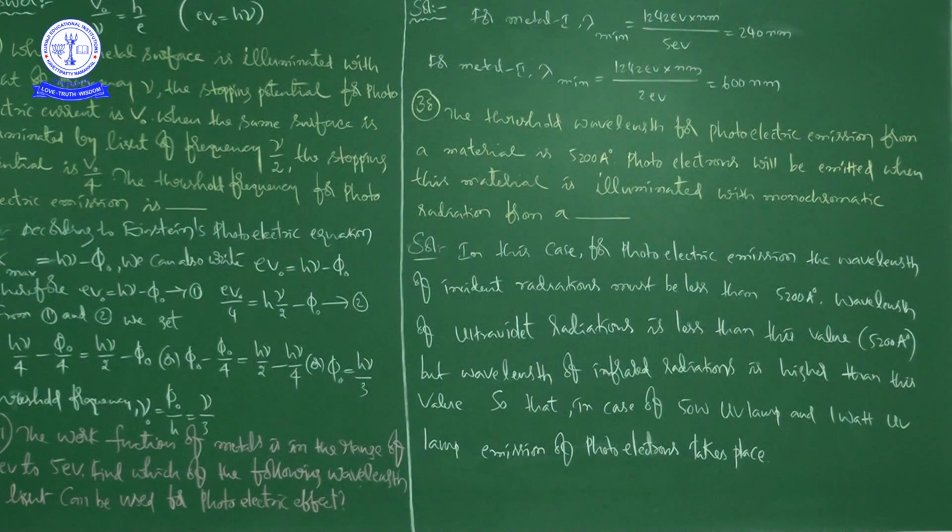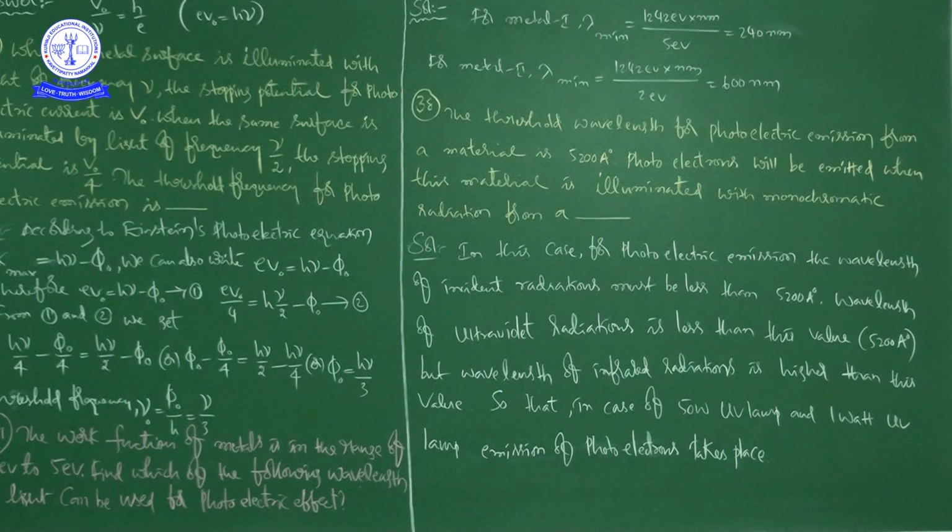So for metal 1, lambda minimum is equal to, as I told you, Hc by the work function, so that is 1242 electron volt nanometer divided by 5 electron volt, which is equal to 240 nanometers.